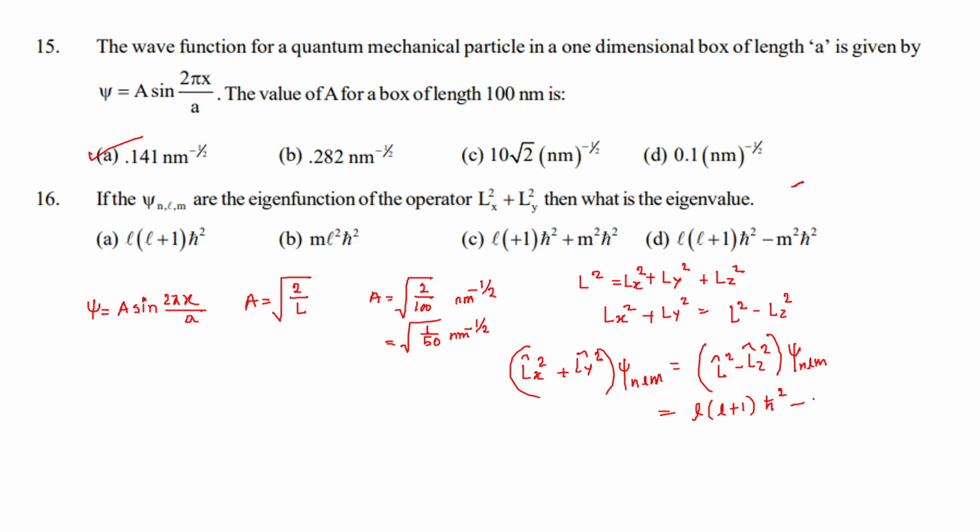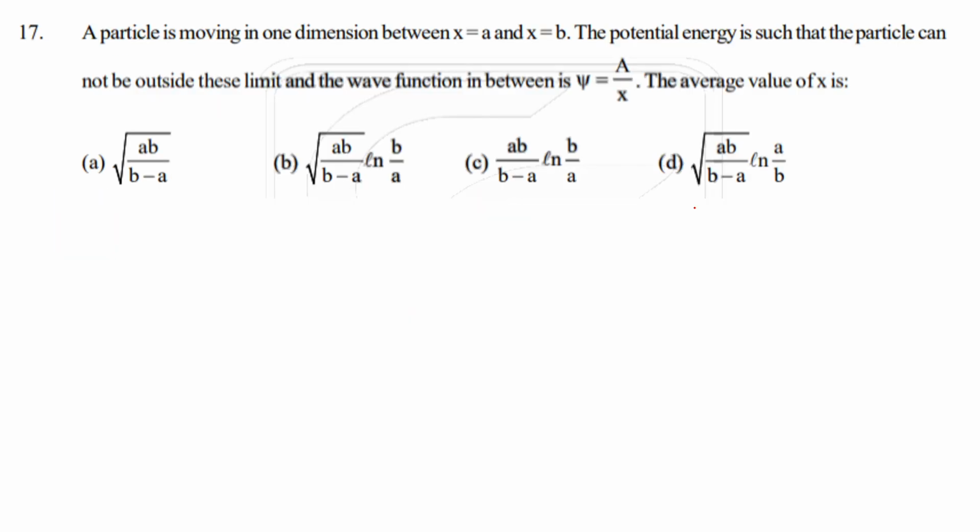And when Lz operates, it gives m h cut, so Lz square gives m square h cut square, and you get back your psi nlm eigenfunction. Obviously D is going to be the correct answer, the eigenvalue of Lx square plus Ly square.